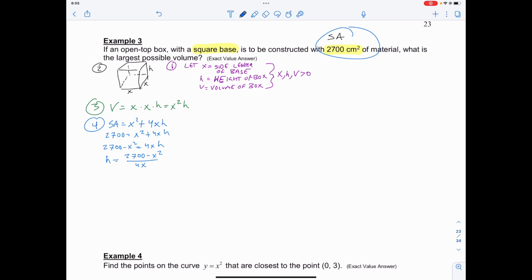And we're going to put that back into our formula. We're going to say that the volume max is going to be based on x squared times the height, or x squared times 2,700 minus x squared all over 4x.